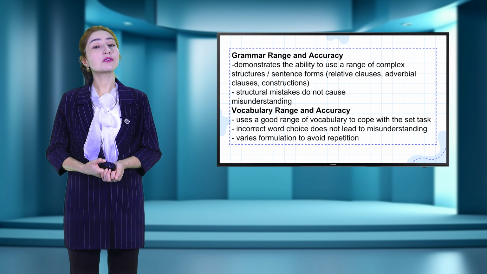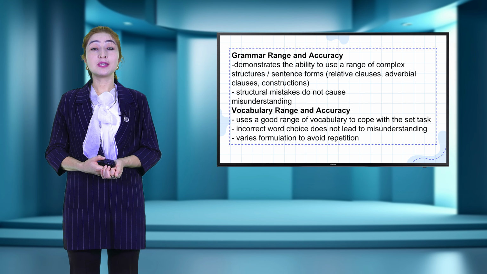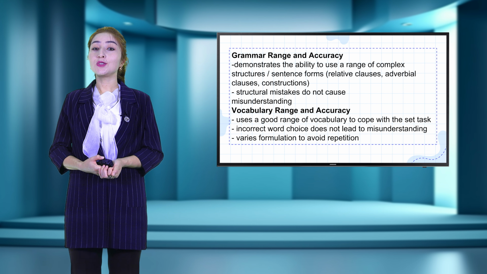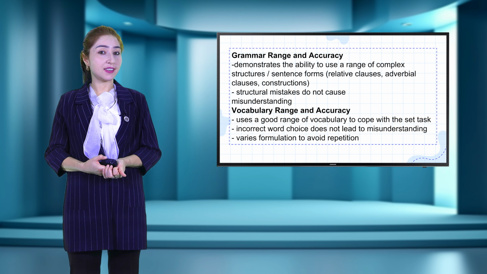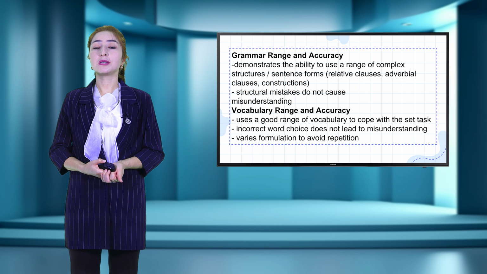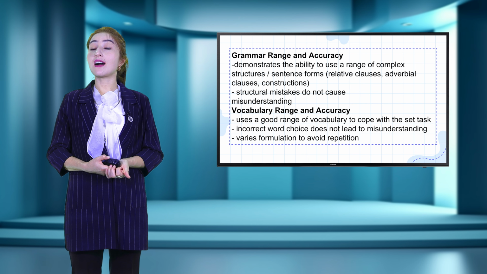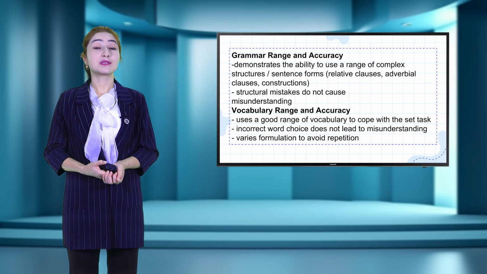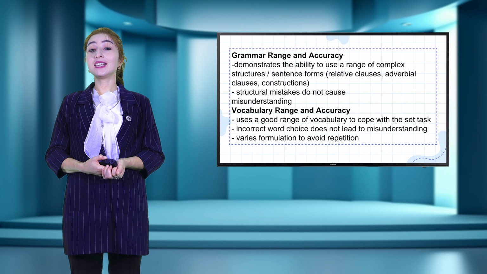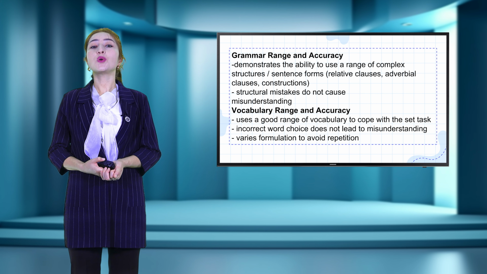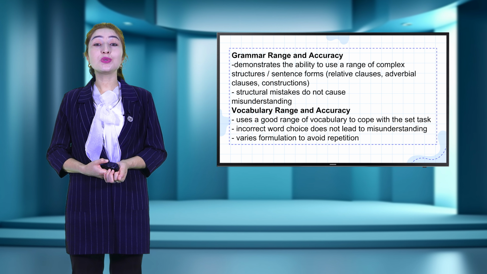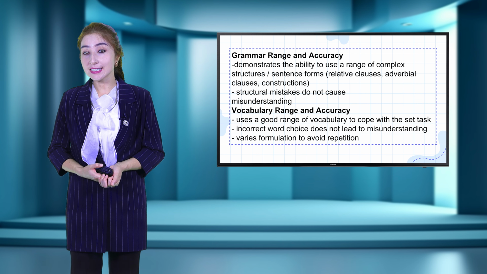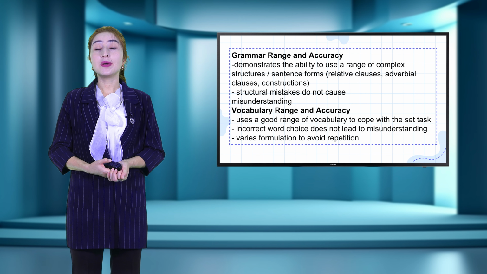You cannot make mistakes relating to spelling, and you shouldn't make mistakes in how to use prepositions and articles. The last one is the lexical resource. You must show your ability to use English words and phrases in your letter very clearly.